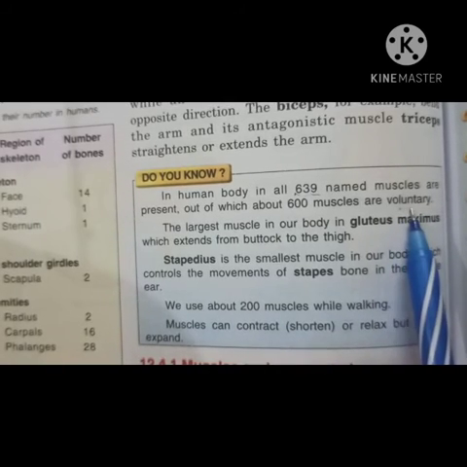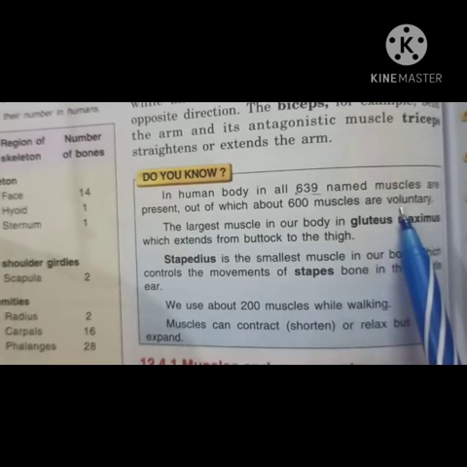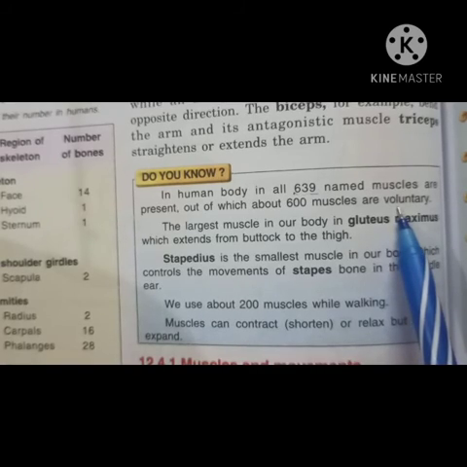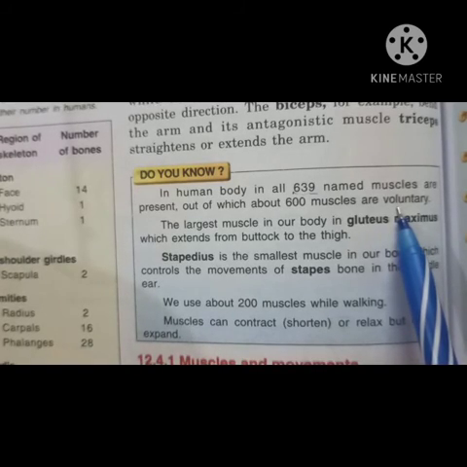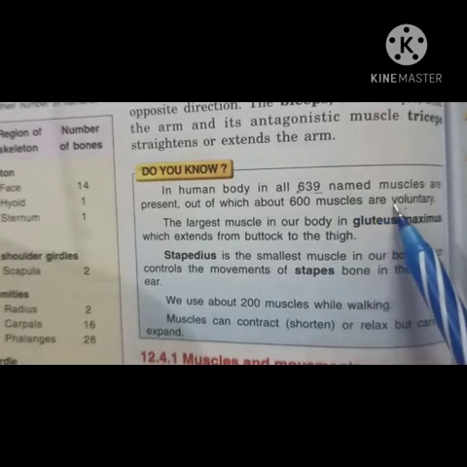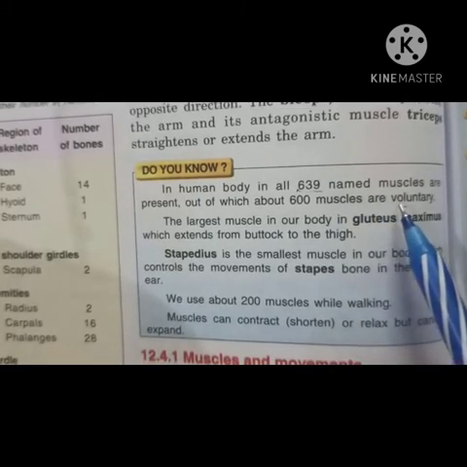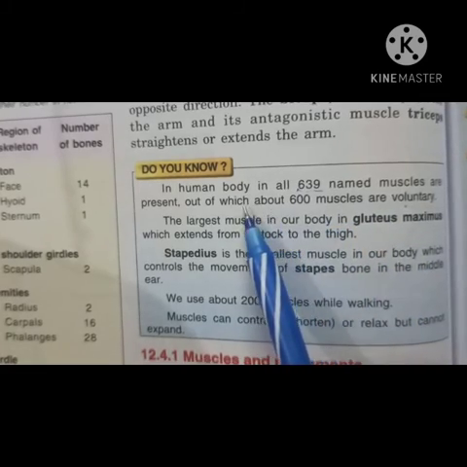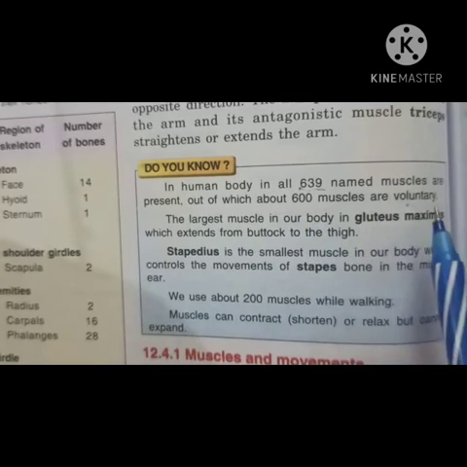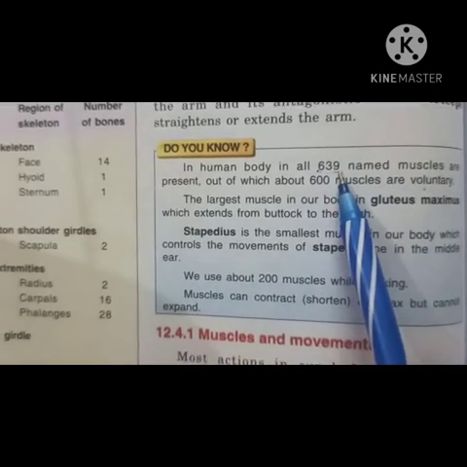Hand muscles and leg muscles are called voluntary muscles, and some muscles are involuntary, which are not under our control. That is your heart muscles and the muscles of your internal organs. They are called involuntary muscles. So out of 639, 600 muscles are voluntary and 39 are involuntary.